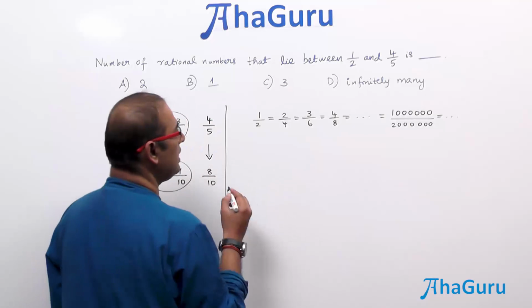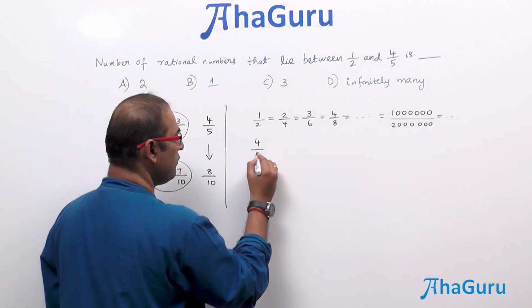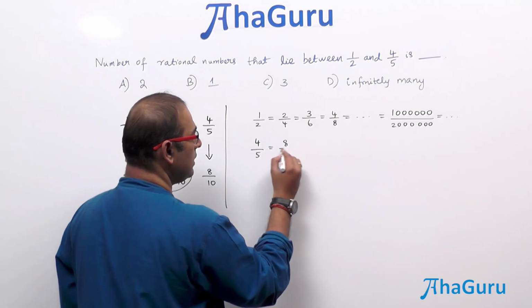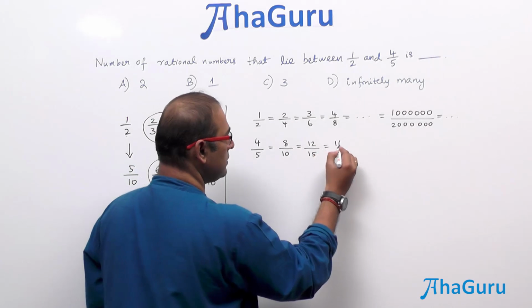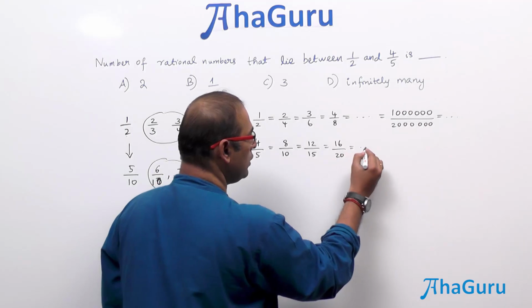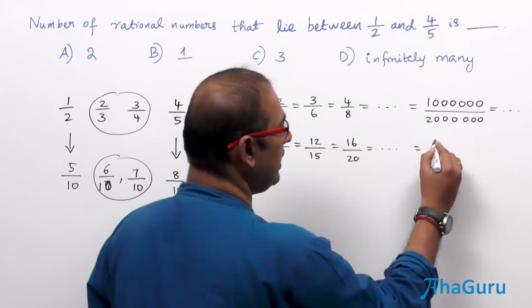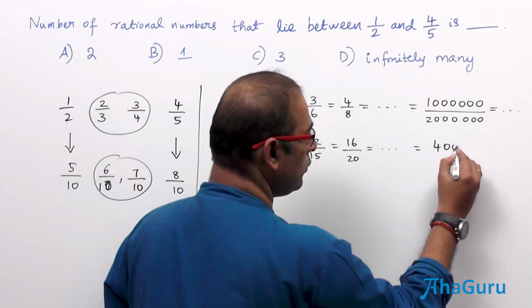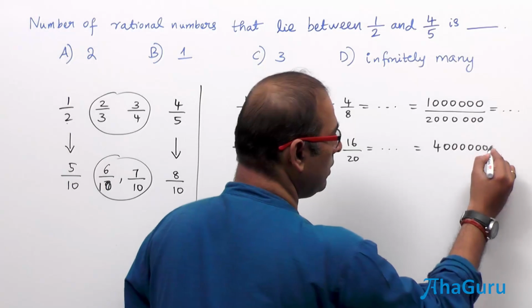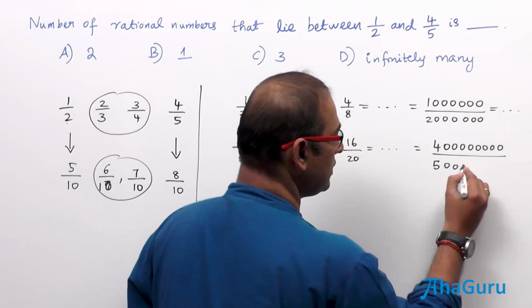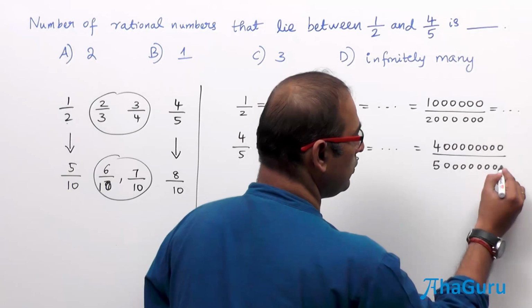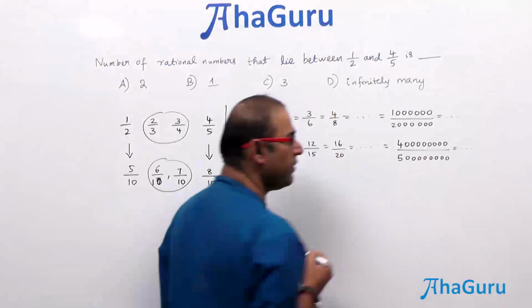There are infinitely many equivalent fractions. Similarly 4/5 can be written as 8/10, 12/15, 16/20. So the numerator and denominator may change. Again I can have 4 followed by any number of zeros over 5 followed by the same number of zeros, so this is also 4/5.